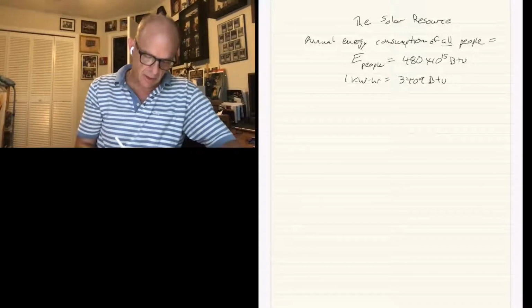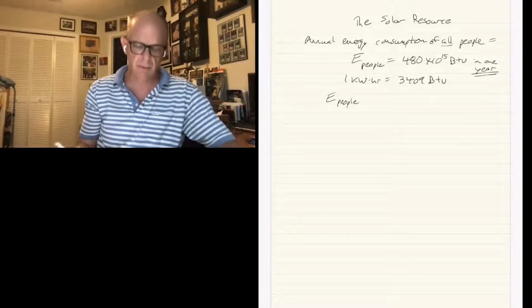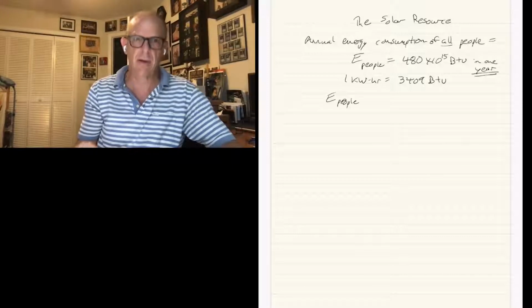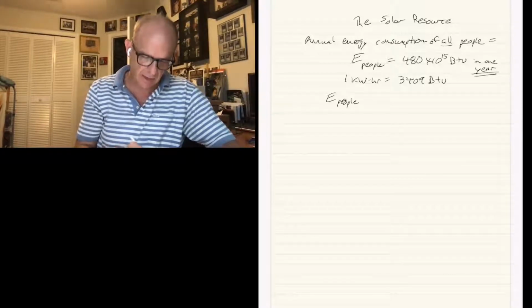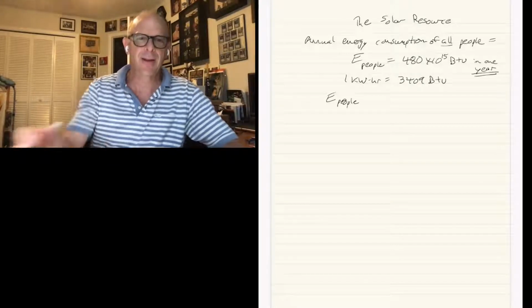So the energy consumption, and I should have said this when I first wrote it, is in 1 year. It's the amount of energy used by people in 1 year. It doesn't mean anything to just throw that number out there without saying how long it takes for people to use that much energy. So that's the annual part.